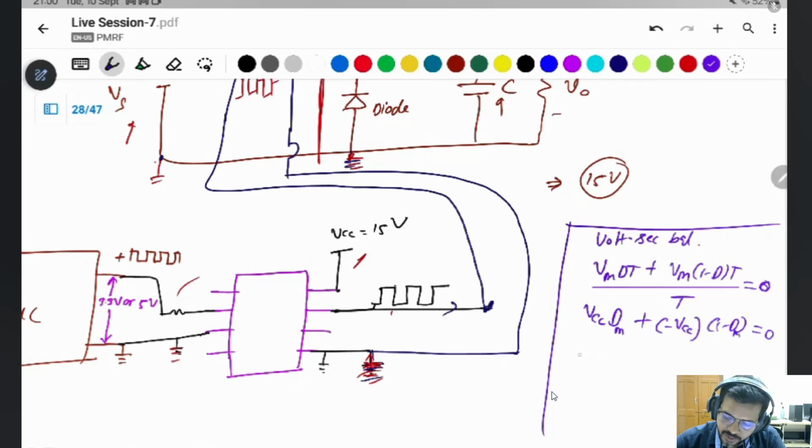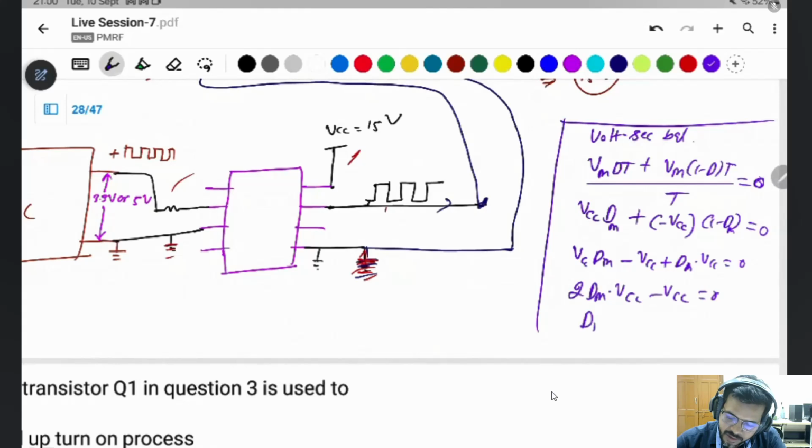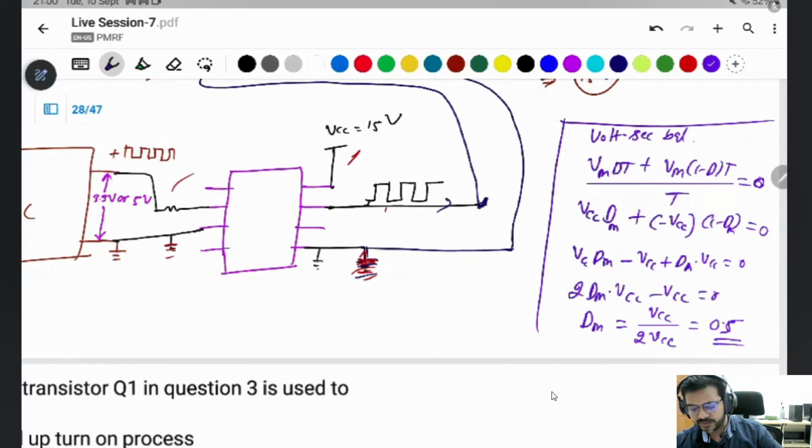So Dm into VCC minus VCC plus Dm into VCC is equal to 0, so 2 Dm VCC minus VCC is equal to 0. Maximum duty cycle is VCC divided by 2 VCC, which is equal to 0.5. In this condition, you can't apply more than 0.5 duty cycle.